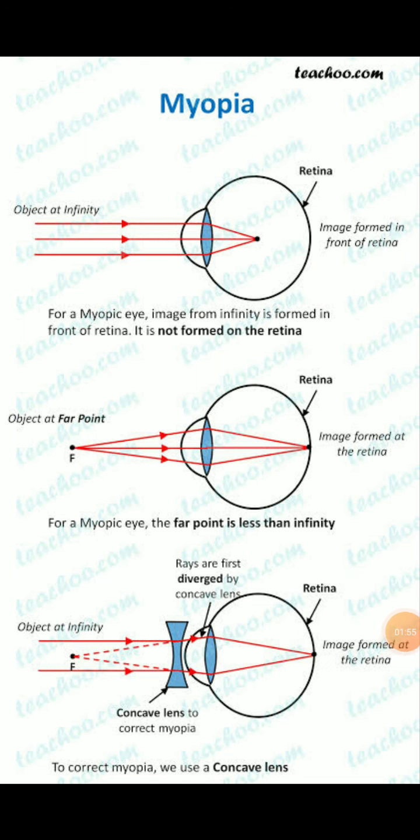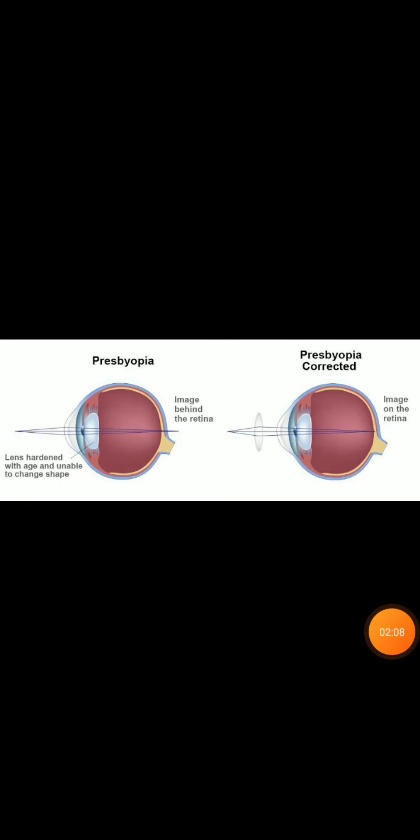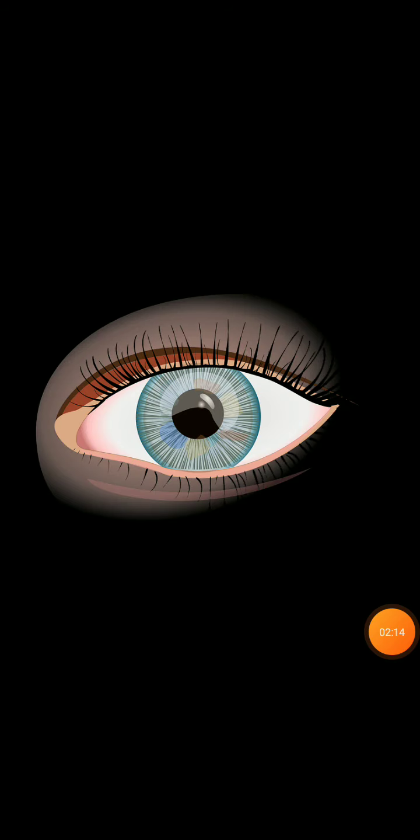First is myopia or nearsightedness. Second is hypermetropia or farsightedness. And third is presbyopia. And these defects can be corrected by the use of suitable spherical lenses.